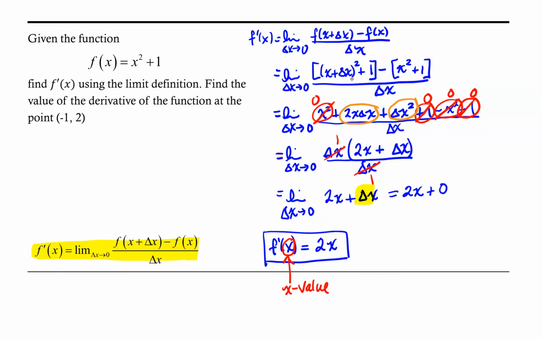So when I want to find the derivative of a function at a specific point, I need to know the x value to accomplish that. So the derivative of the function at the point (-1, 2) will be f prime of -1, which would be 2 times -1, which would be -2.